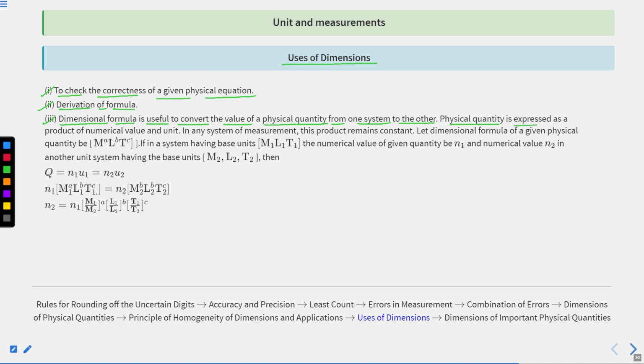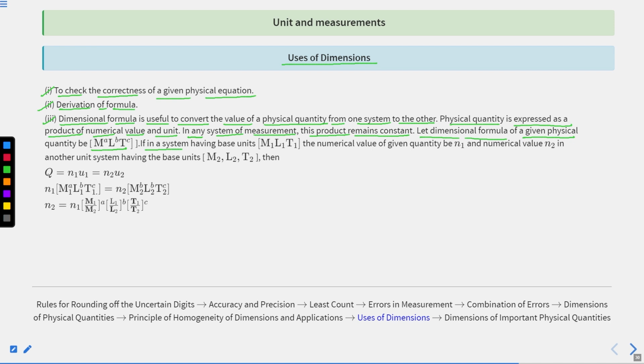A physical quantity is expressed as a product of numerical value and unit. In any system of measurement, this product remains constant. Clear? Let the dimensional formula of a given physical quantity be this.